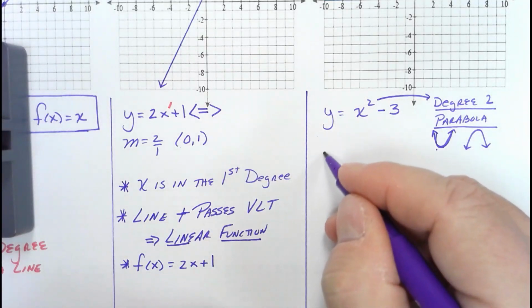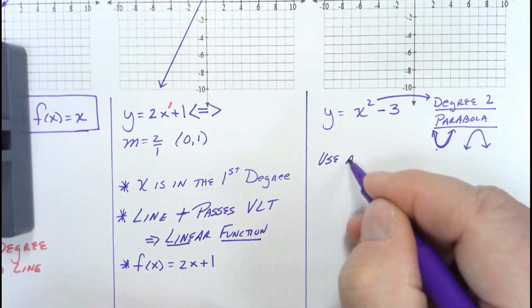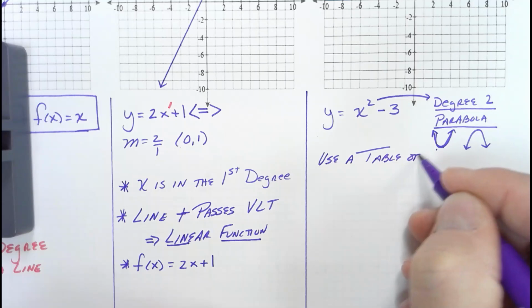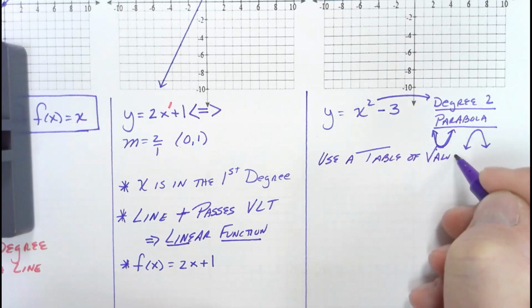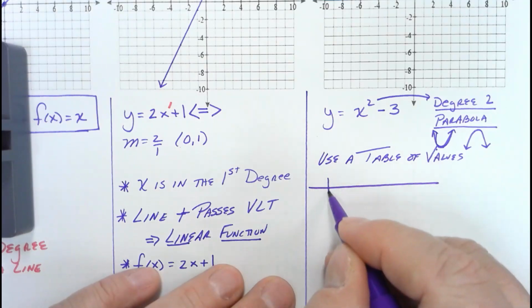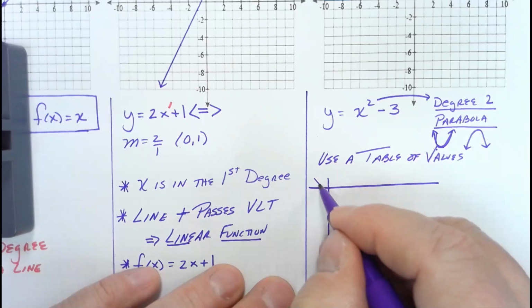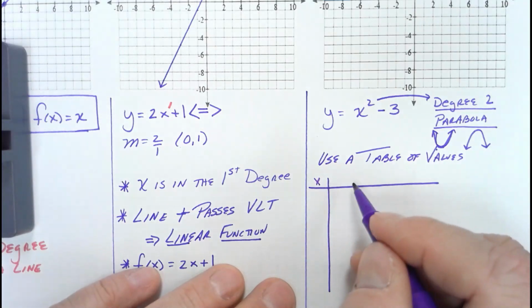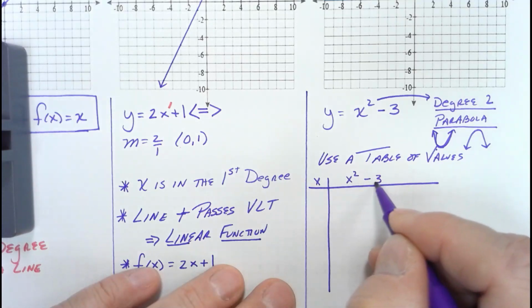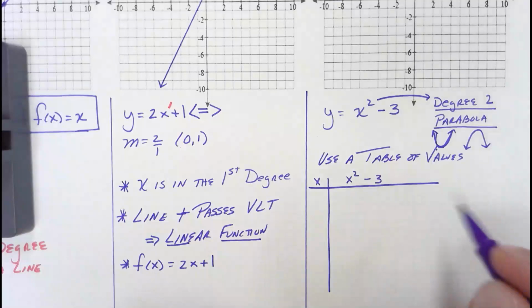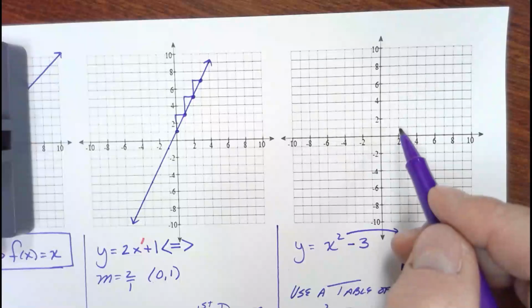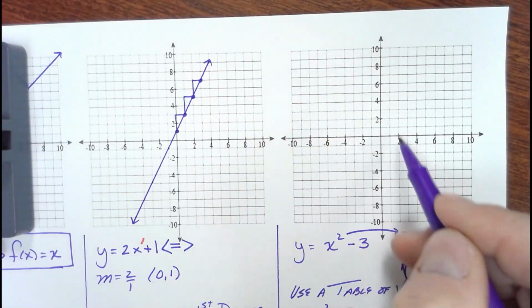We are going to use a table of values. And again, as I said before, we try to figure out what's going on in this area.